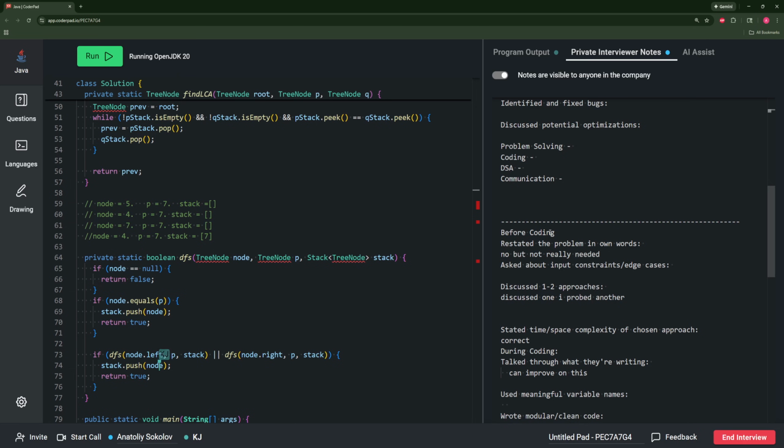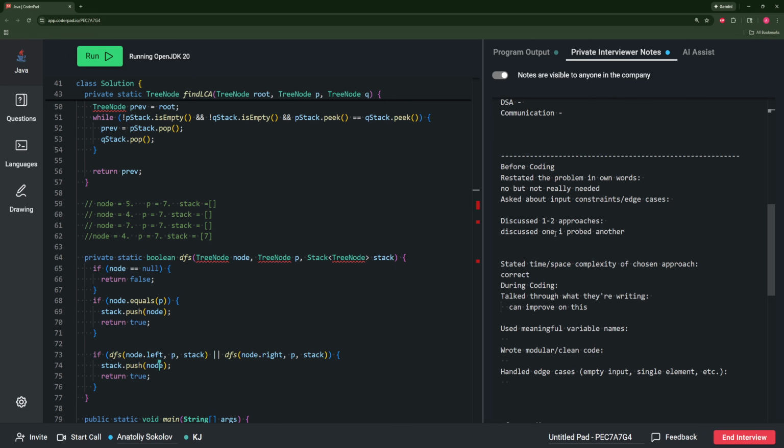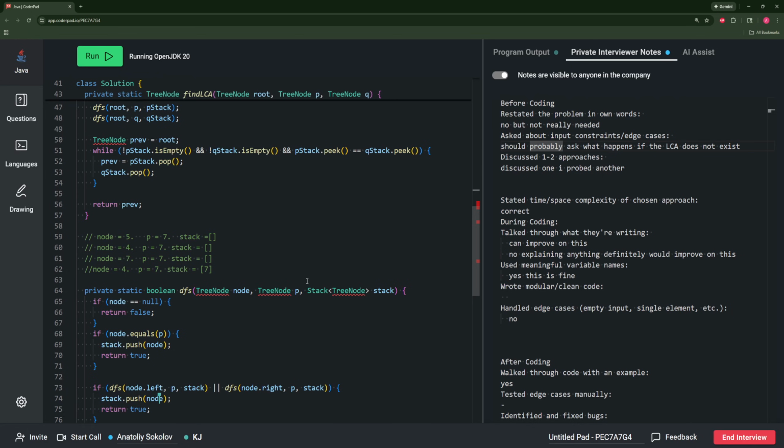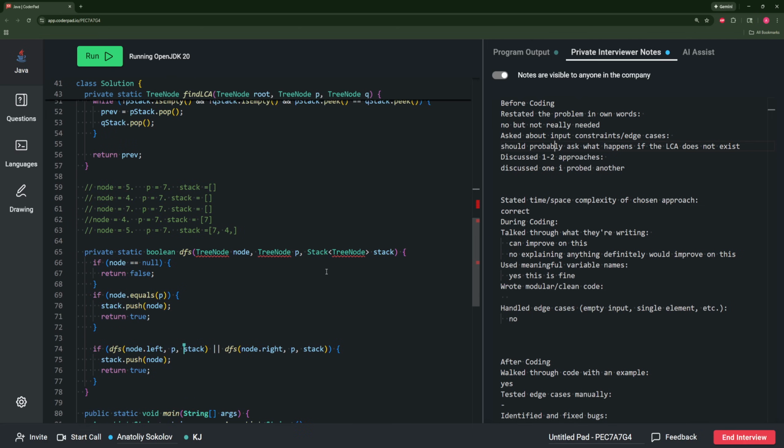So here again the node 4 can be pushed onto the stack, and this returns true, which goes back to this example where again the stack has 7, 4, and because the if condition is true, we will push it to the stack and return it. And yeah, so that's the path constructed for P.